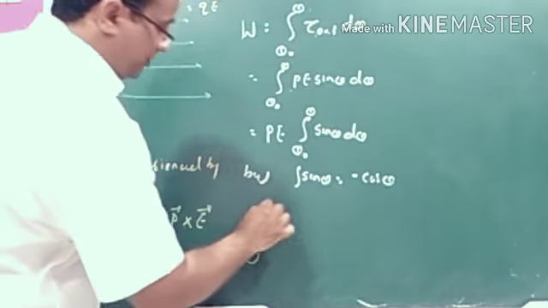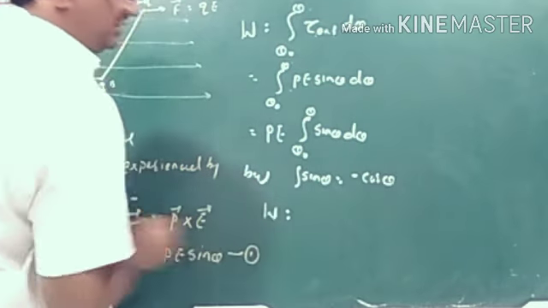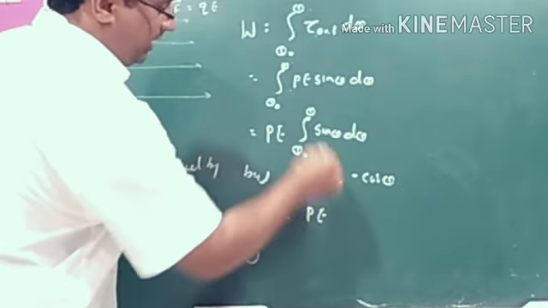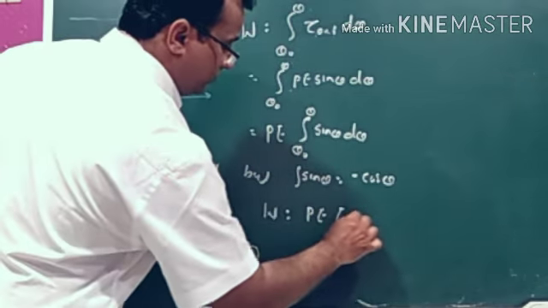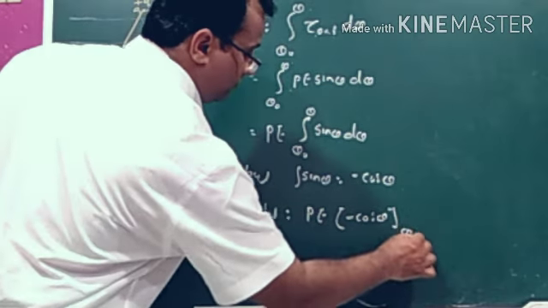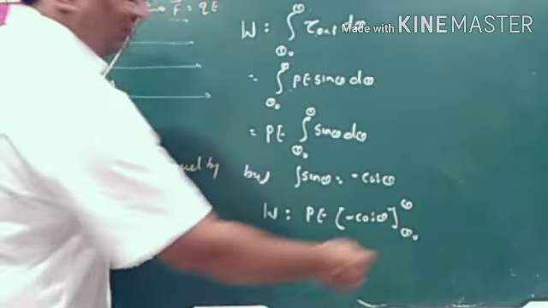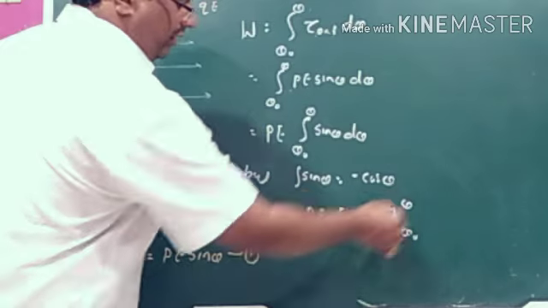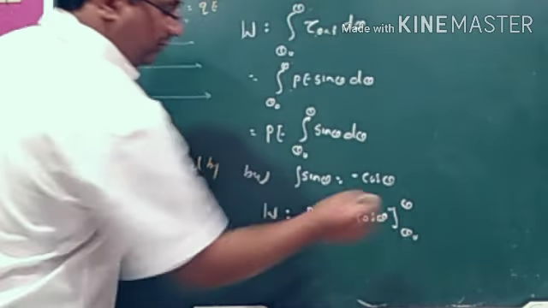Now we substitute that. Work done is equal to P E as it is, and the integration is minus cos theta, with limits from theta 0 to theta. First we keep the upper limit, then the lower limit.